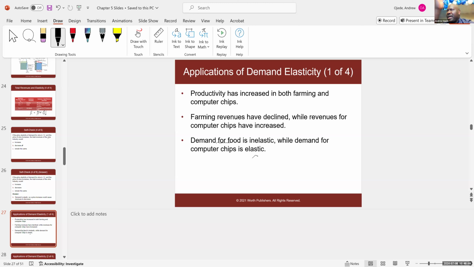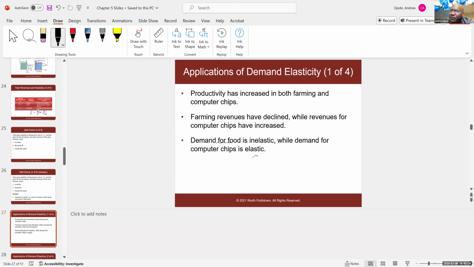When the supply curve shifts to the right a lot, prices will fall. And we talked about the inverse relationship between the price of a good and total revenue when the good has elastic demand. Because computer chips have elastic demand, a fall in the price due to what? Productivity increase leads to an increase in what? The revenue has gone up.